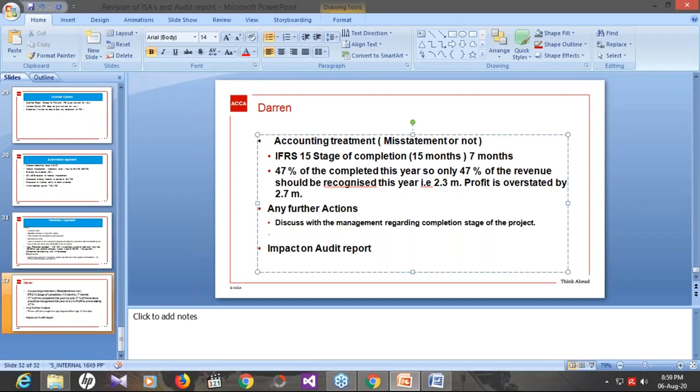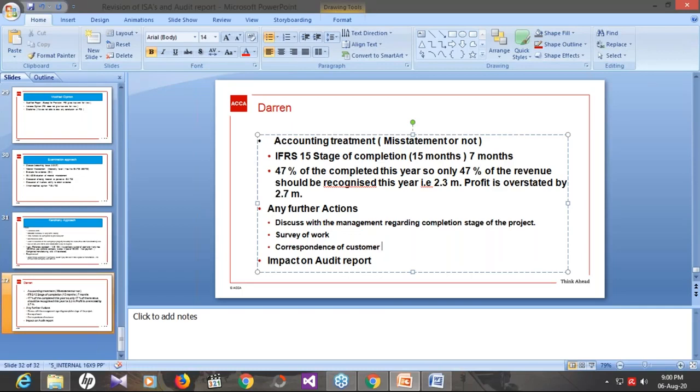We should also obtain some evidence. For example, for the cost allocation, we can see the survey of work that has been performed till now, the percentage of work that has been completed for this year according to the IFRS 15 cost to cost approach. We need to see the correspondence of that customer also.